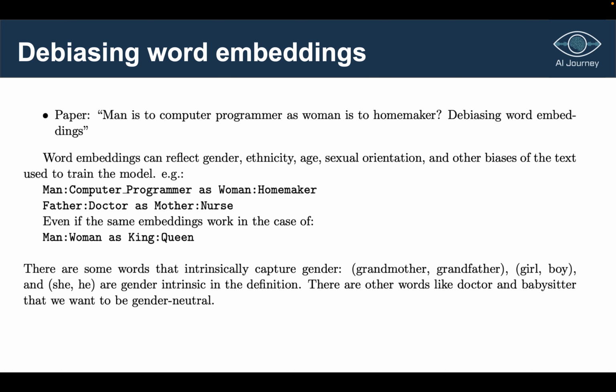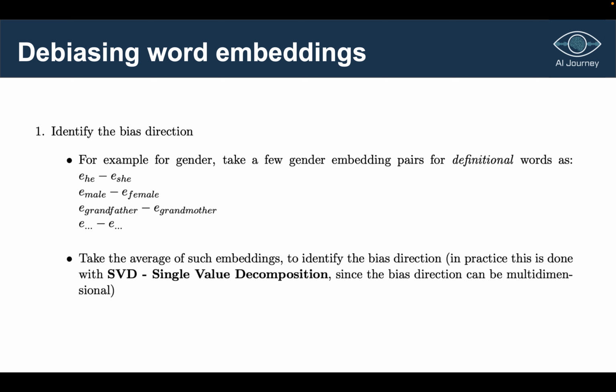Also, we need a way to debias word embeddings. What's debiasing? Bias is when we get some semantics in the embeddings that are not true, like referring to man always as a doctor while woman as a homemaker. This is really bad, and this is bias. We need to take this bias out of the embeddings. We have two steps. The first is to identify this bias direction, this bias vector.